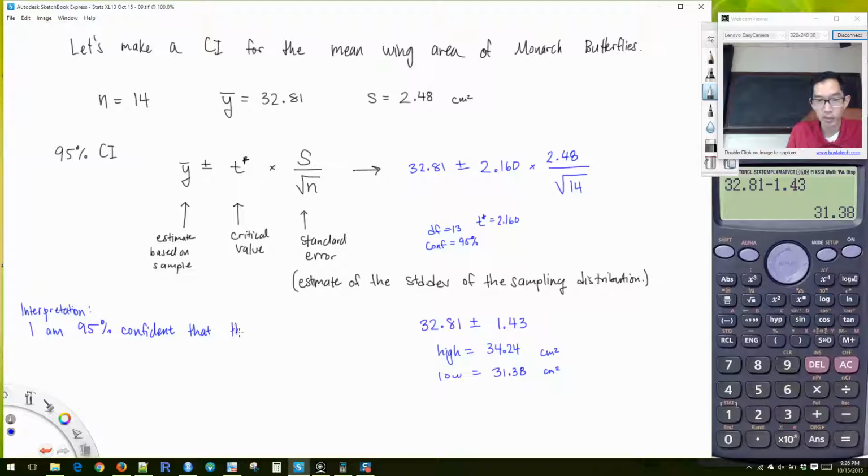that the mean, so what is our population that we're talking about? So we took a random sample of 14 monarch butterflies, apparently male monarch butterflies.